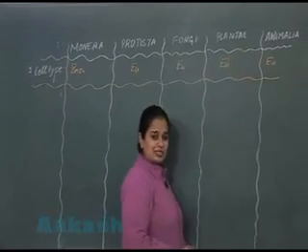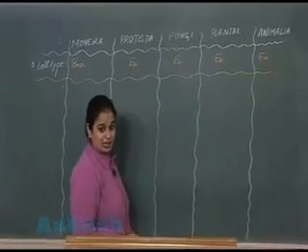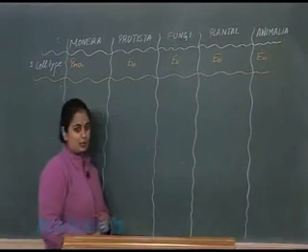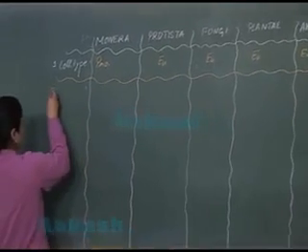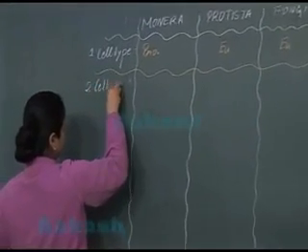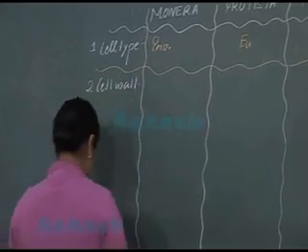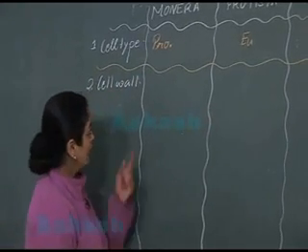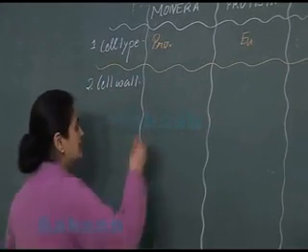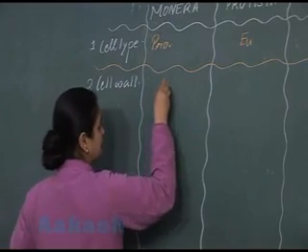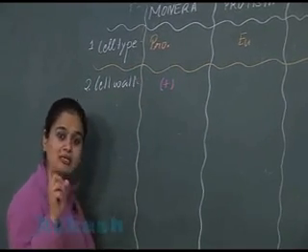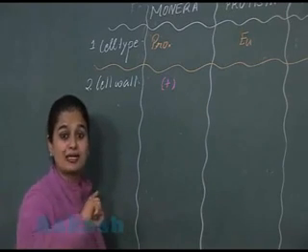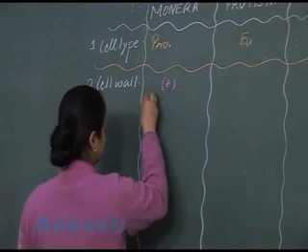Now after the cell type, we will see what is the condition with respect to cell wall. Second feature, cell wall. In the case of Monera, cell wall is present, but mind it, this cell wall is not cellulosic in nature.